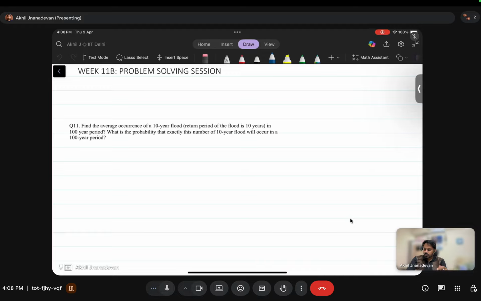Before we go to the frequency analysis, we are left with the different types of probability distributions. We gave an introduction to PMF and PDF, and we were dealing with some user-defined PDFs and PMFs. But there are some standard theoretical PMFs and PDFs that we will extensively use in hydrology.